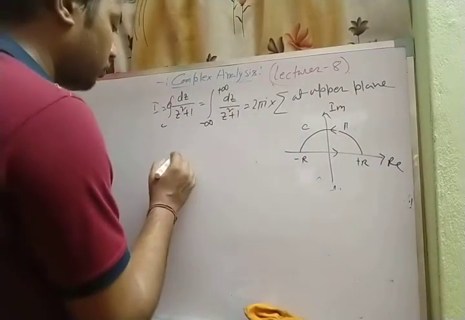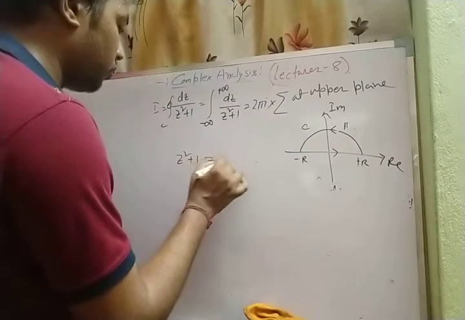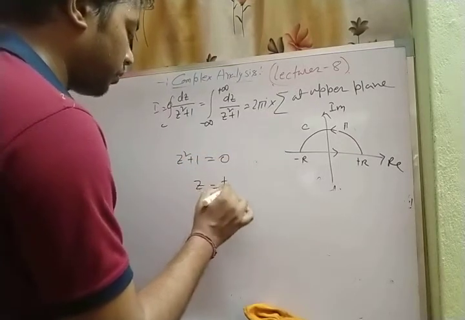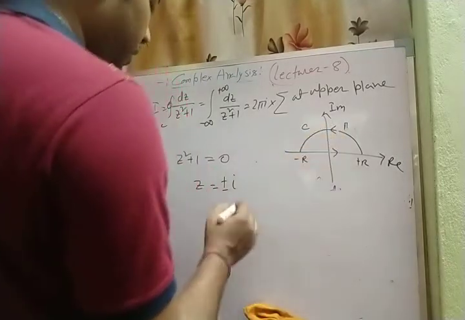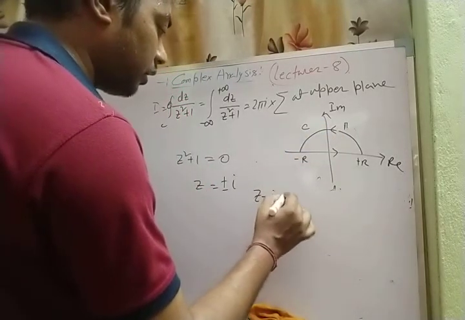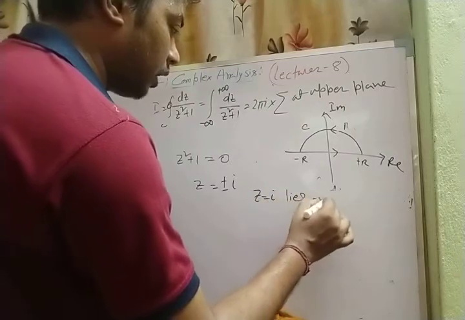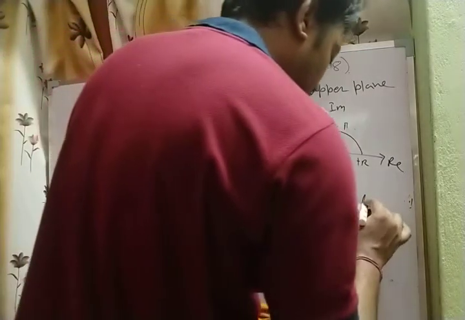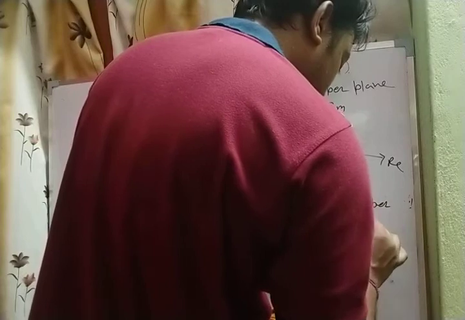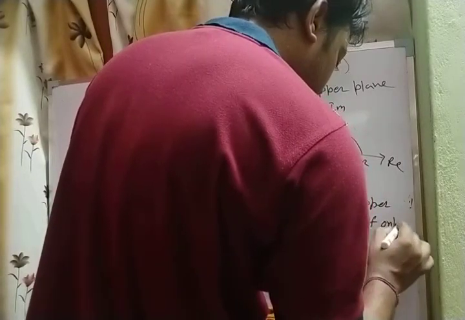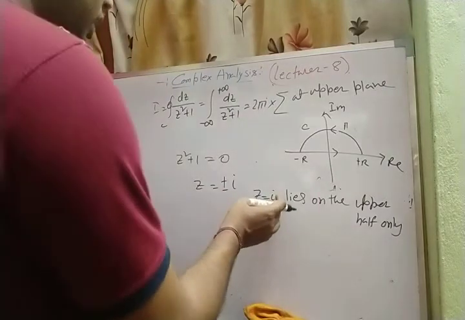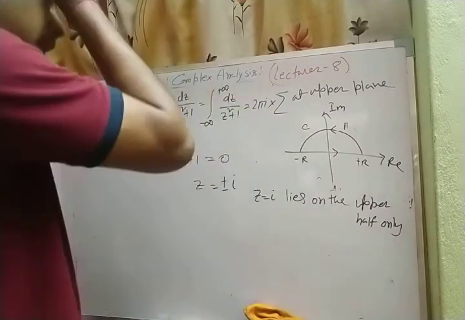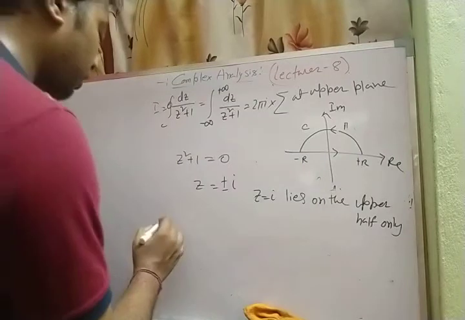Okay, so z square plus 1 equals 0, so z equals plus or minus i. Only the upper plane counts, so z equals plus i lies in the upper half, and z equals minus i lies below. So considering the pole in the upper half plane, you have to find the residue.